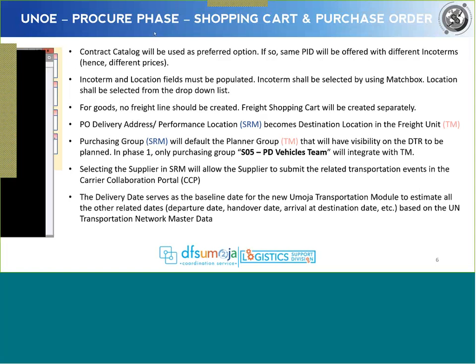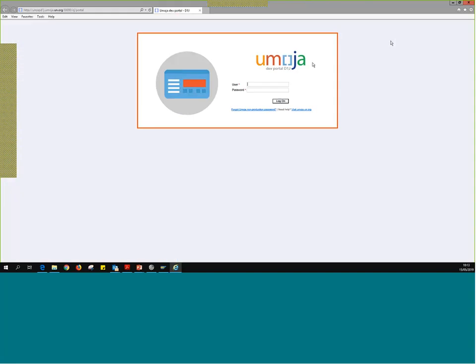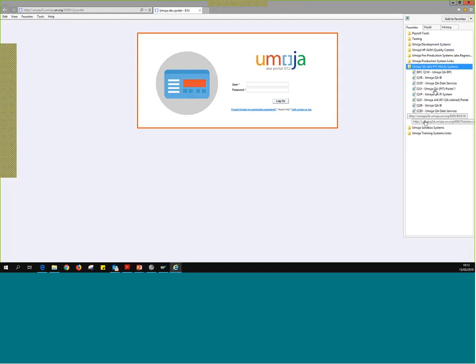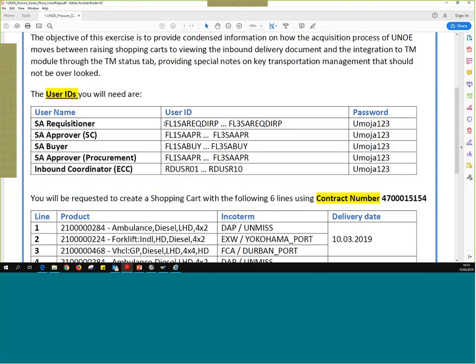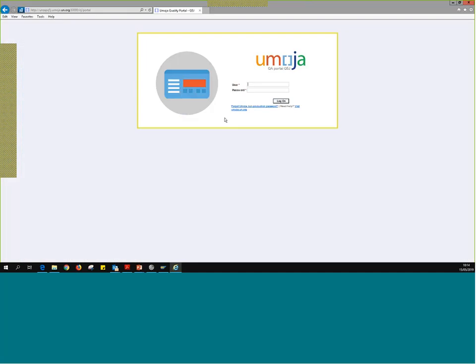I've also created a shopping cart so we don't have to waste much time going through all the steps, but at least we'll take a look at this quickly. So let me just log in now. And I also have here the credentials. Okay, so I'm logging in now to SRM.